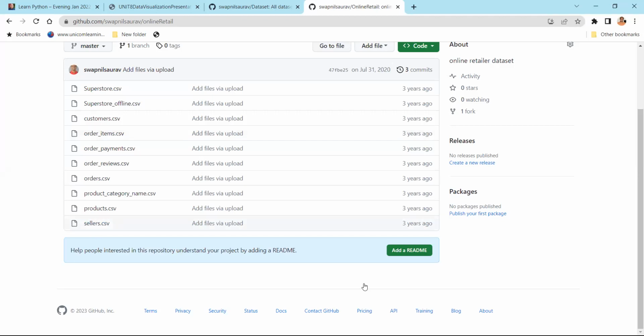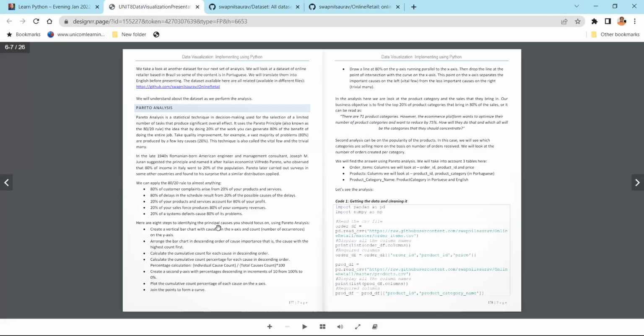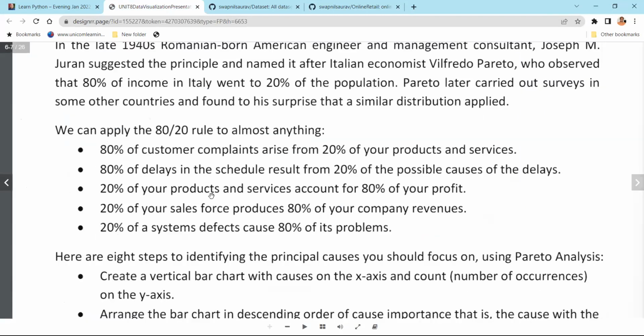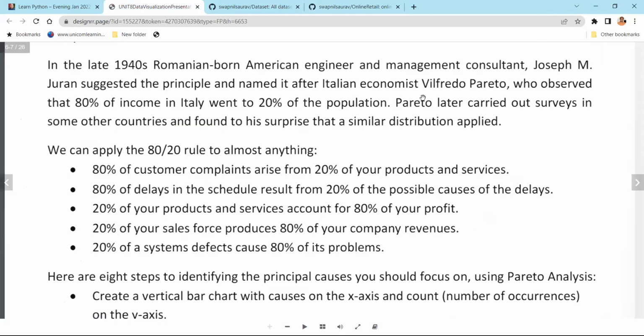Now if I go back to the analysis that we are doing here, this is what we call Pareto analysis. The first analysis that we are doing here is Pareto analysis. Pareto analysis was first given by Vilfredo Pareto, an economist. He talked about income in Italy, that 80% of income in Italy went to 20% of the population, which is true.